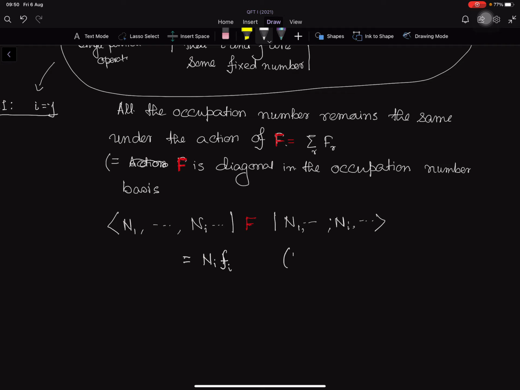There is no summation over i, because in the initial stage we fixed i to be some fixed number. If there had not been that restriction, there would have been a summation over i.